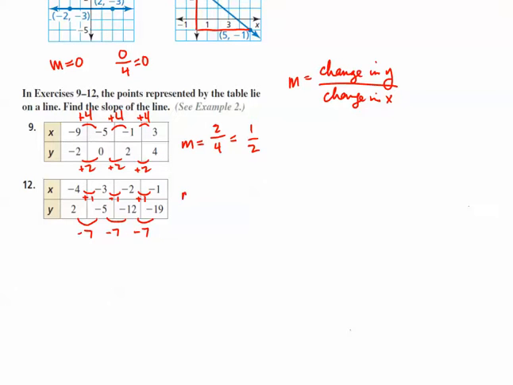So just remember that it's the change in y, negative 7 over positive 1, which gives us a slope of negative 7. So when you have tables of values, remember if they're horizontal tables and the y's are on the bottom, the change in y for the slope has to go onto the top.